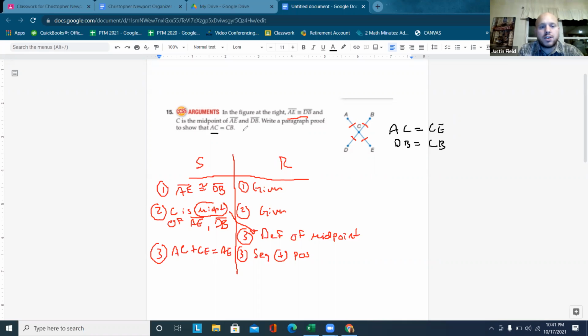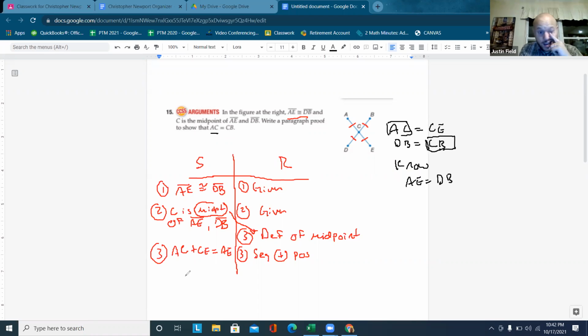And I eventually want to say AC, this one, and CB, this one. And so if I can just write an equation with AC and CB and just skip these two that I don't need, then that would be good. And we know that AE equals DB. So we can use that.